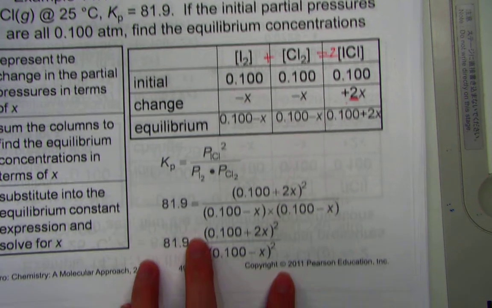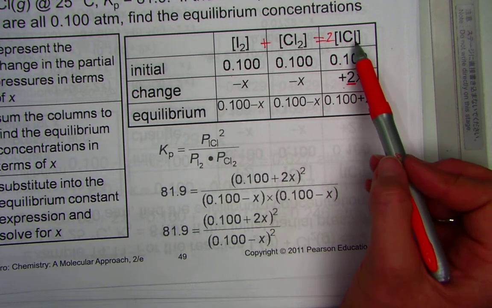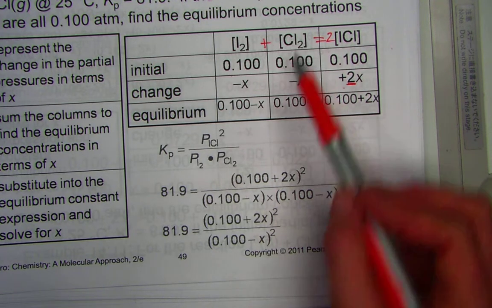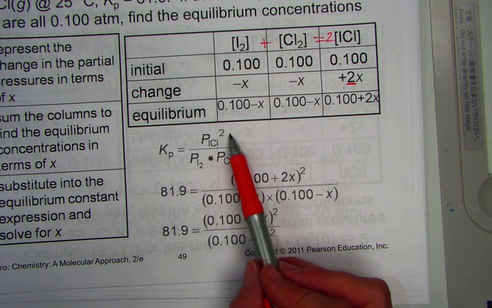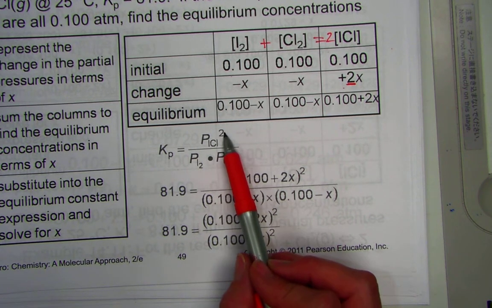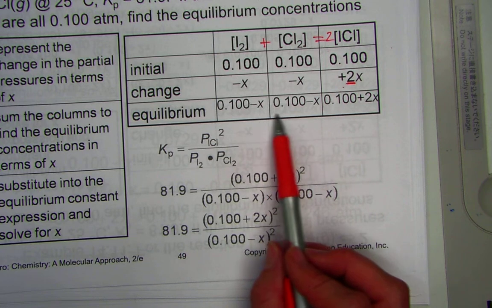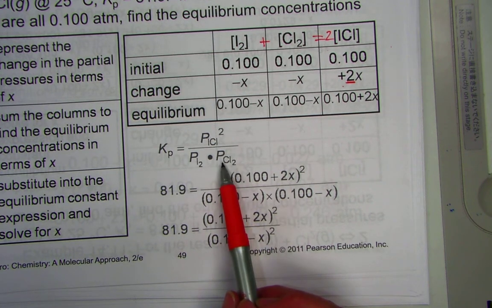Now, my friends, it becomes an algebra problem. We're proceeding to the right, product over reactant, so we know Kp is found by taking the partial pressure of our product, iodine chloride, squared, over the partial pressure of each of our reactants multiplied together.